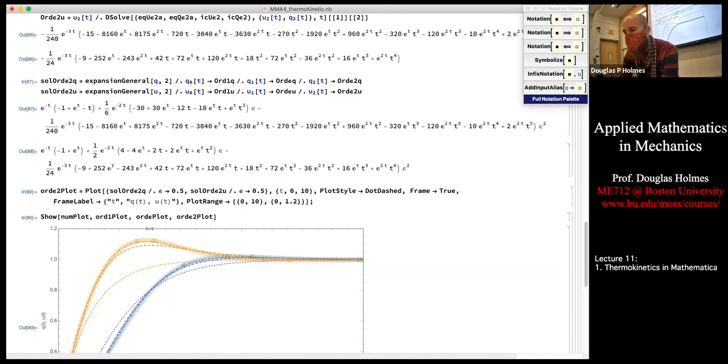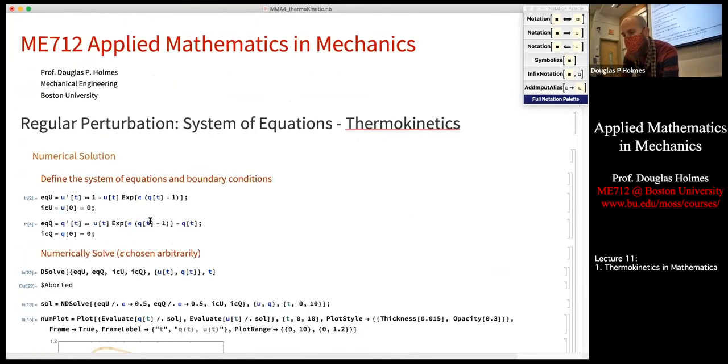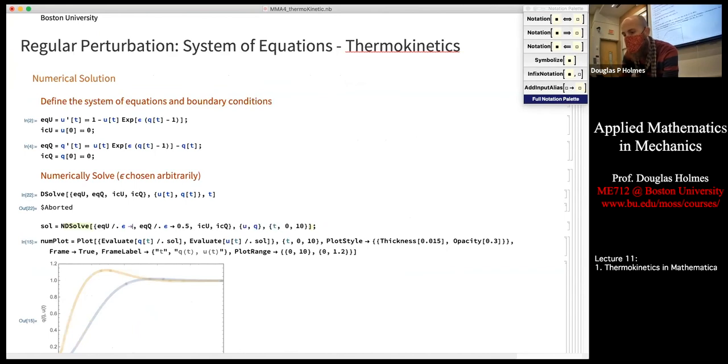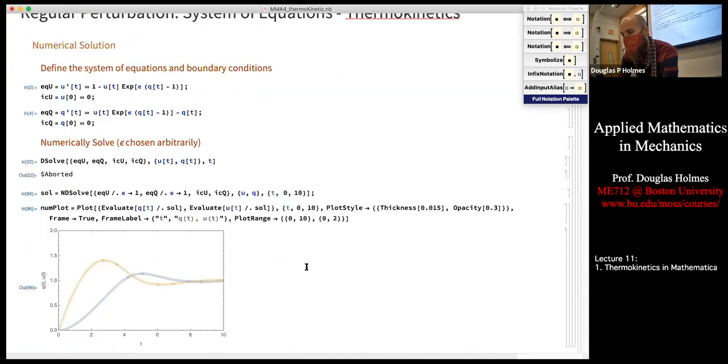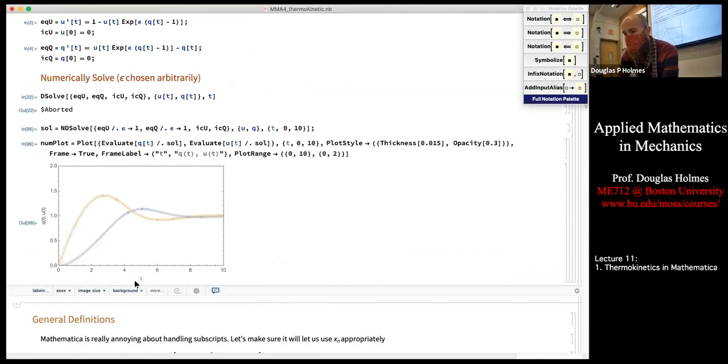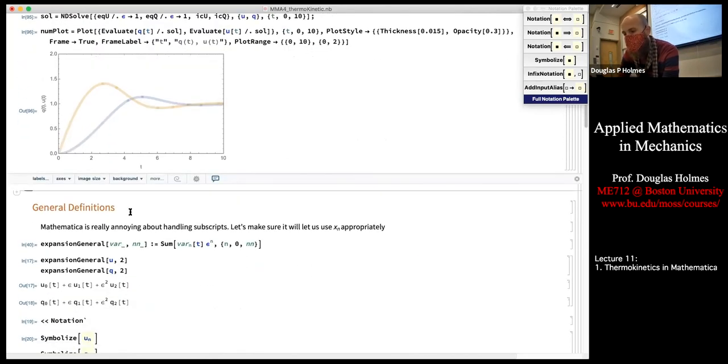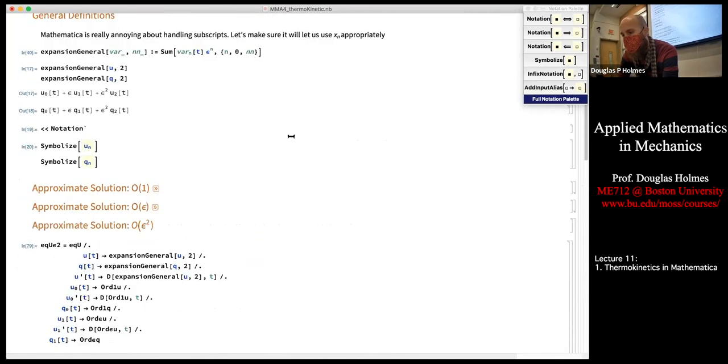But let's just for fun go back and solve our equation for epsilon of order 1. So I plot this. I'm going to change my plot bounds to 2, and so I have a much more nonlinear oscillation there. And then I'm going to change everything.